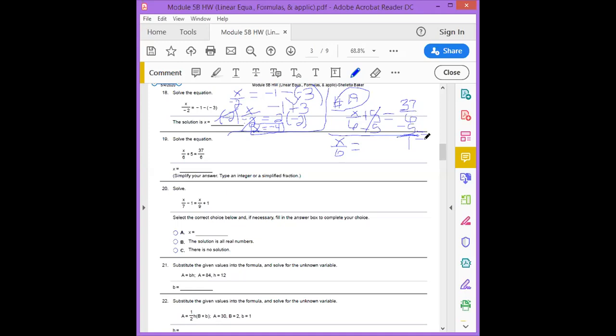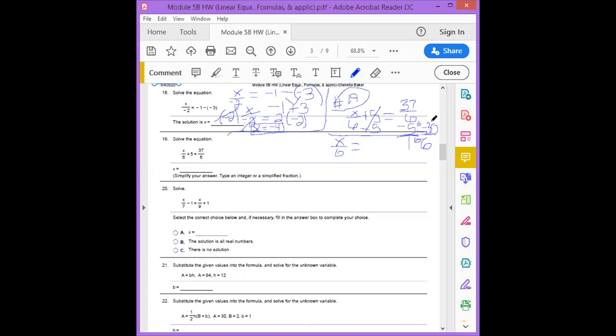And we want to rewrite the -5 over 1 as a fraction that has 6 in the denominator. In order to change that denominator of 1 to 6, we have to multiply by 6. 1 times 6 gives us 6. Because we had to multiply by 6 in the denominator, we also must multiply by 6 in the numerator. So -5 times 6 in our numerator makes -30.